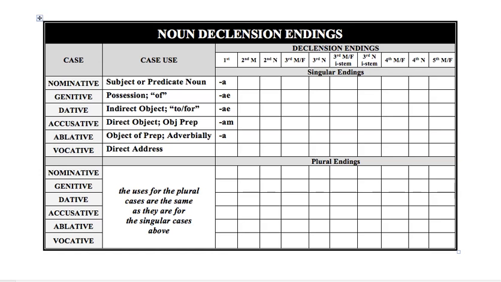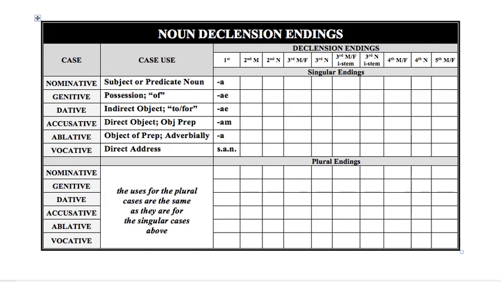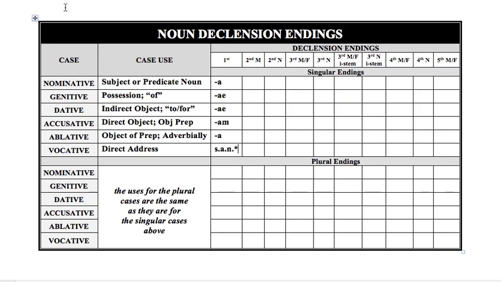And remember that we use the abbreviation S-A-N for the vocative, and we have a little asterisk next to that, and then up at the top of our chart we're going to remind ourselves that S-A-N means that this ending looks the same as the nominative. So the singular endings are I, m, ah.